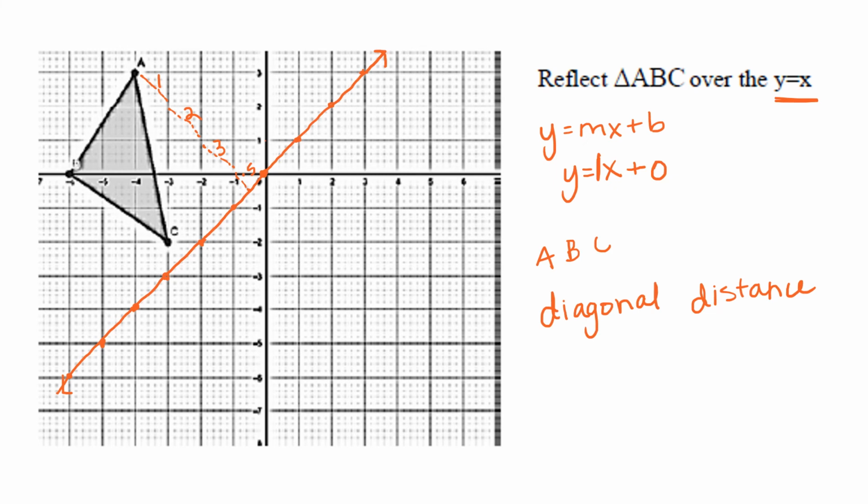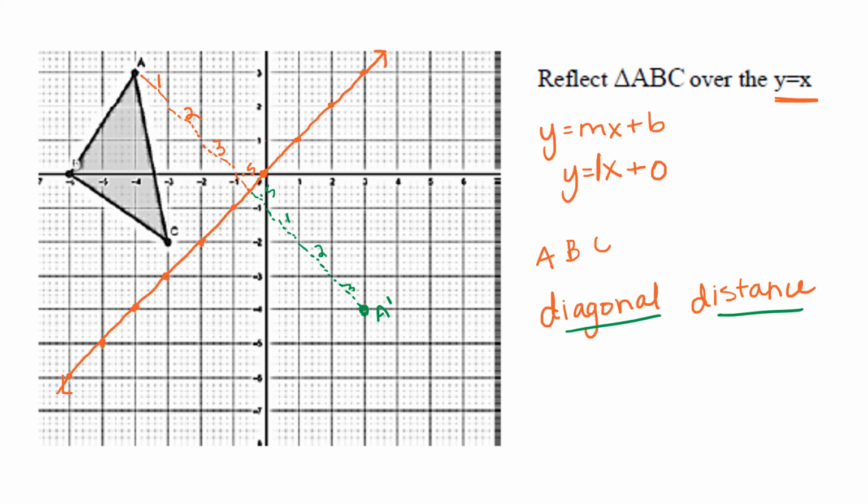Here, I'll change colors for this. I need to have half a diagonal, which is good. Now I need to have 1, 2, 3. And this is where A prime would go. 1, 2, 3, with a 0.5 here. So again, we're counting that diagonal distance.